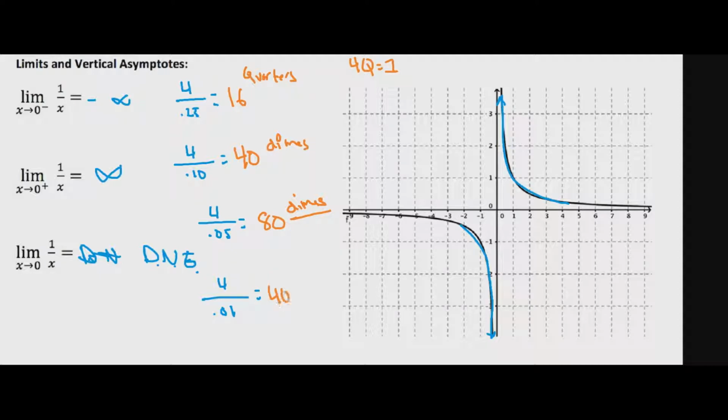Well, that's got to be 400 pennies. So you can see a big difference here is as we divide by smaller numbers, our y values get bigger because it takes more of this small amount to fit into the number in the numerator. It takes more pennies to fit into $4 than it does with quarters. All right, that's just a quick example if you needed to understand that. All right, so let's go ahead and continue on.